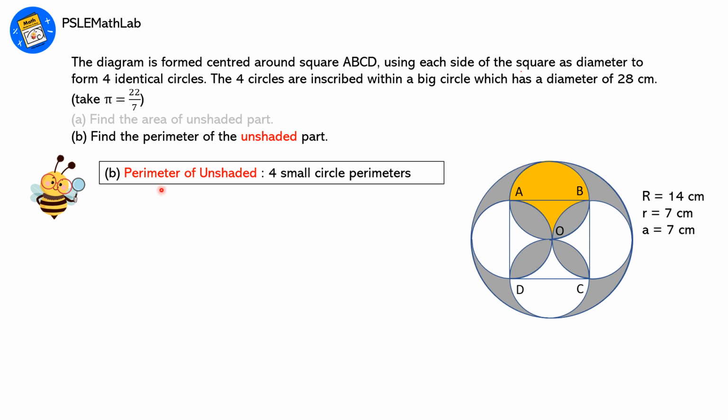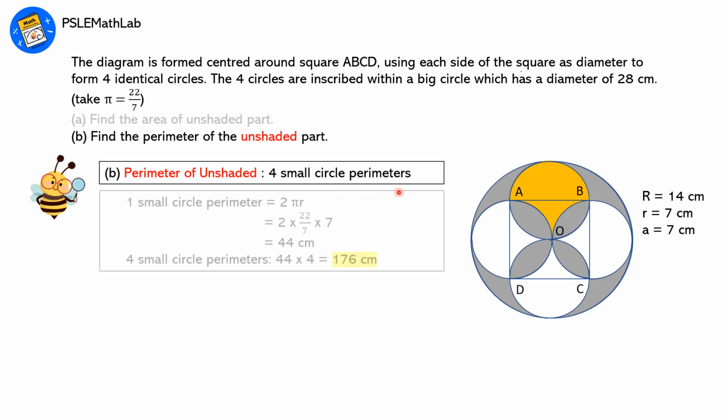So the perimeter of the unshaded part is equal to 4 times the small circle's perimeter. For each circle, we can calculate the perimeter easily to be 2 pi r with r equals to 7. And thus the 4 small circles' perimeter is equal to 44 times 4 equals 176 cm. And thus we solve question B.